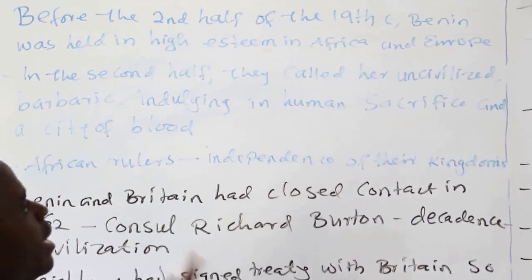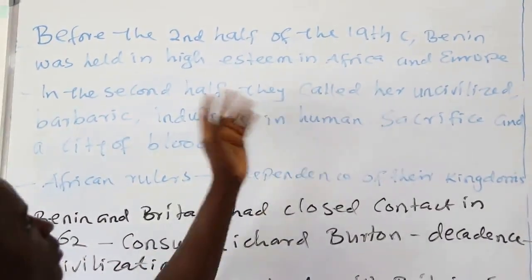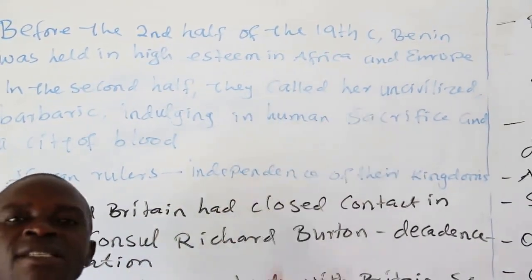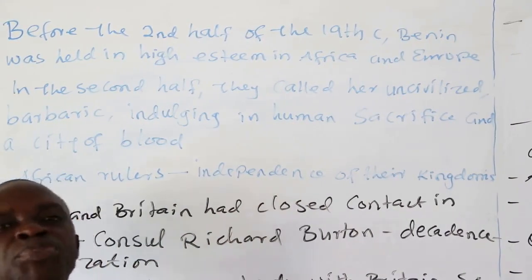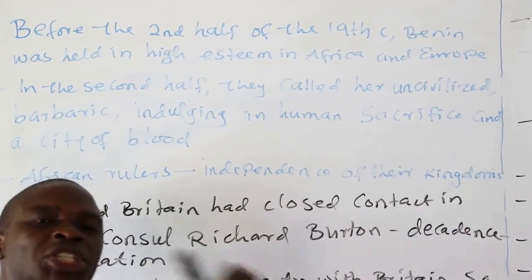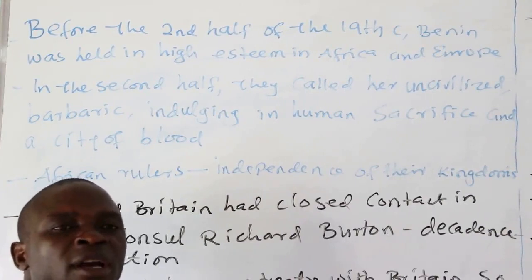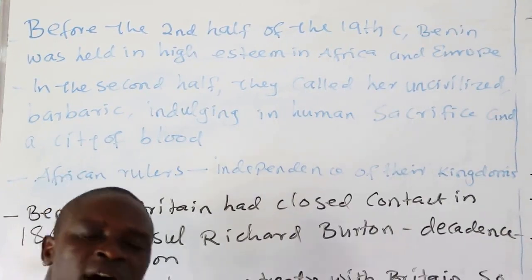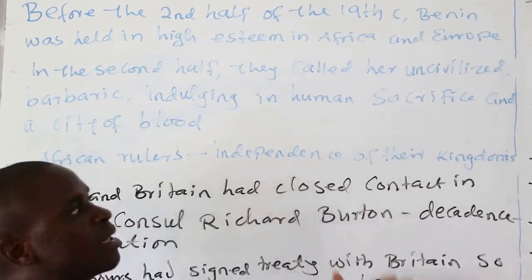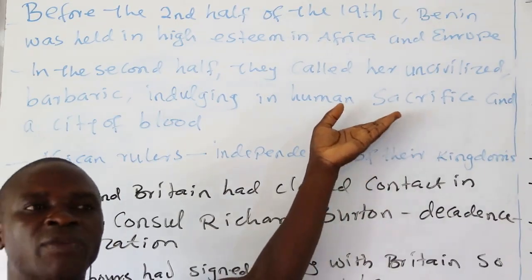Now, in the second half of the 19th century, these same Europeans, these same British people that were rushing to establish trade relationship, contact with Benin, started calling her all sorts of names.